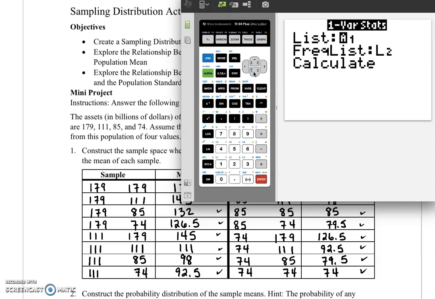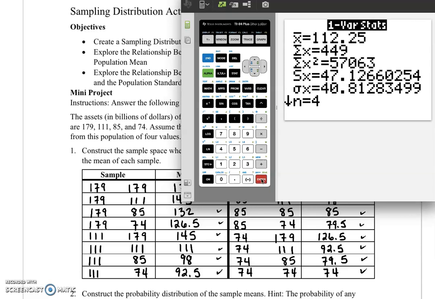In this case, we only have stuff in list 1. We don't have any in list 2, so we need to make sure that that's cleared out. And when we tell it to calculate, we get an X bar of 112.25.